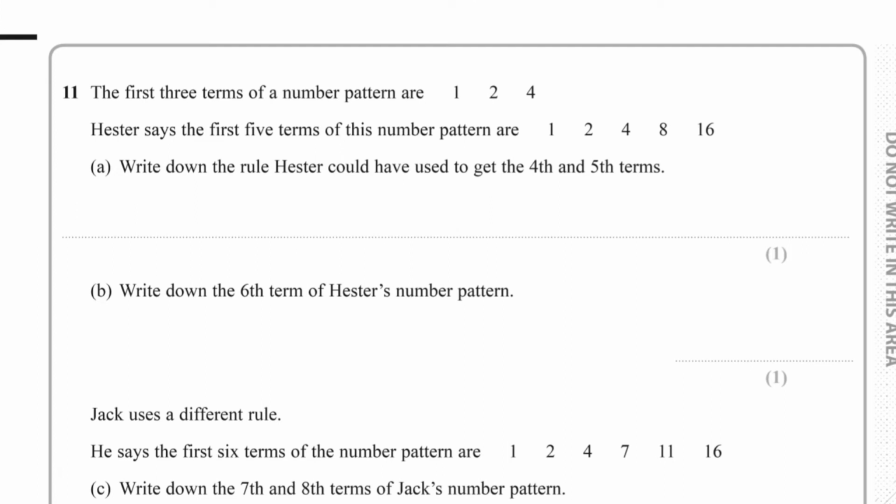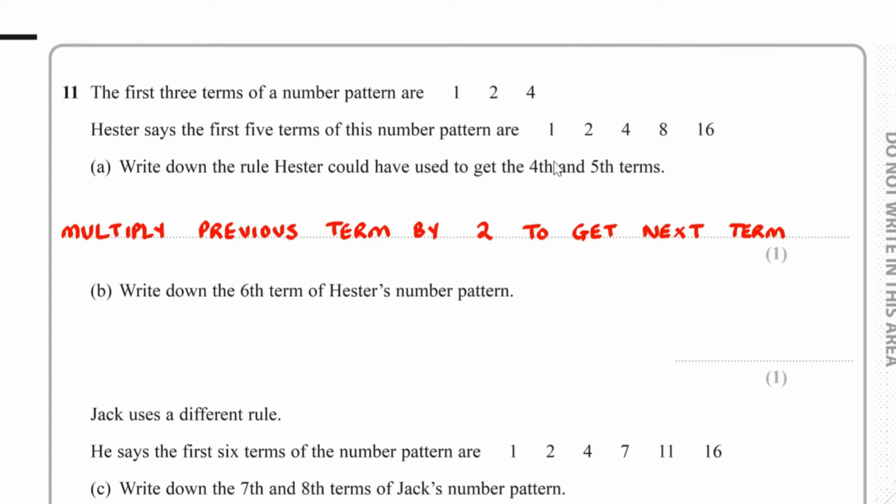Question number 11. The first 3 terms of a number pattern are 1, 2, 4. Esther says that the first 5 terms of this number pattern are 1, 2, 4, 8 and 16. We have to write down the rule Esther could have used to get the 4th and 5th terms. Well, 1 times 2 is 2, 2 times 2 is 4, 4 times 2 is 8, 8 times 2 is 16.